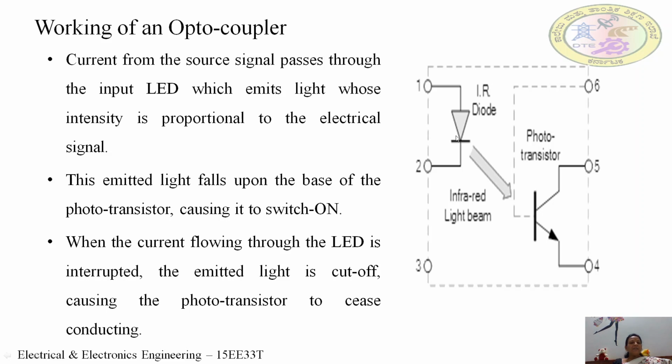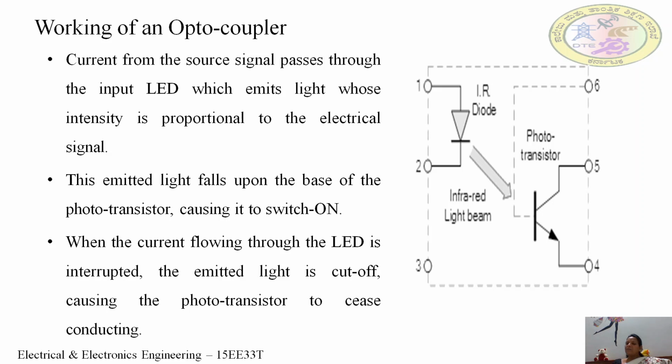So this emitted light intensity is directly proportional to the electrical signal. According to the potential or intensity of the incoming electrical signal, the intensity of the light varies. So when this light emitted by an LED falls upon the base of the phototransistor, the phototransistor turns on.